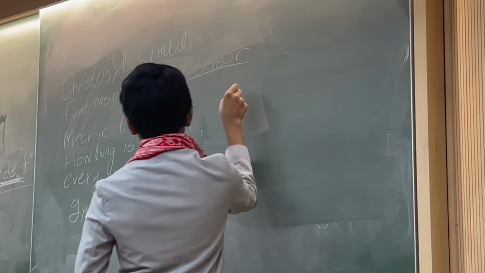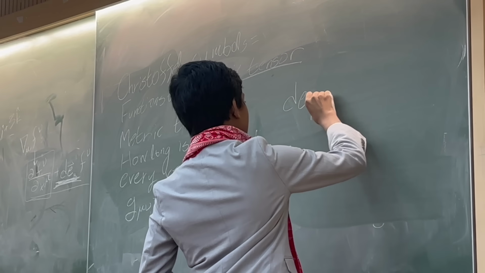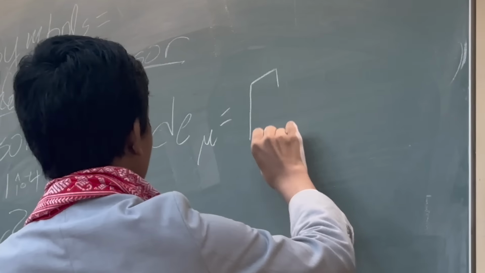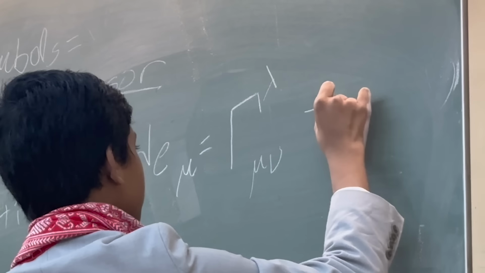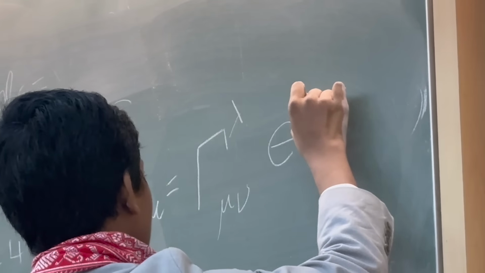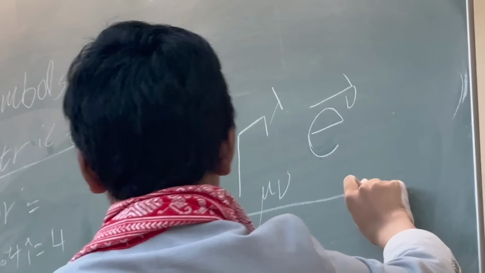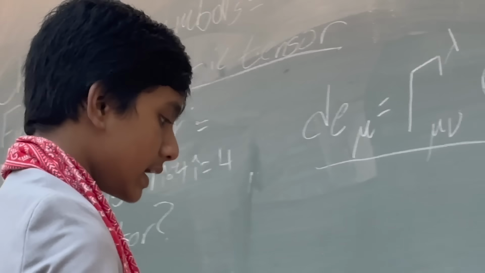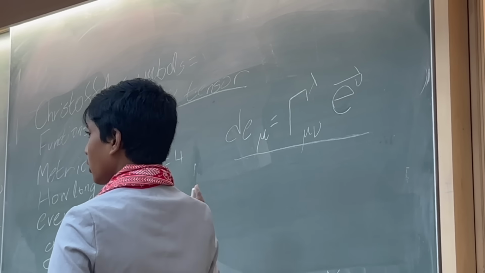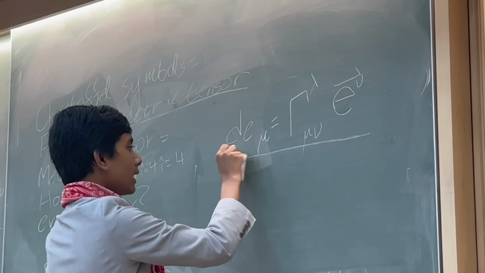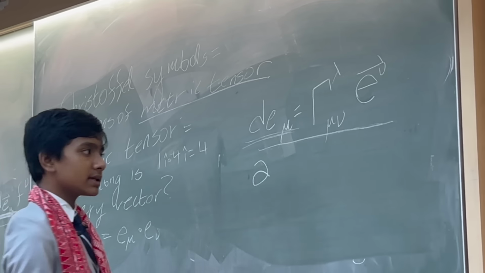Well, e mu, as we see, this is a partial derivative over some direction.